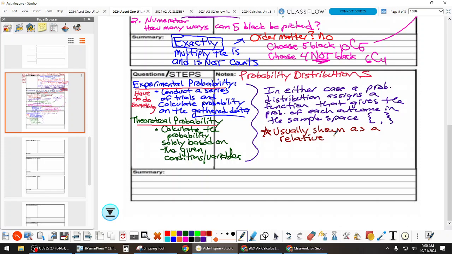It's usually shown as a relative frequency bar graph. Okay? And we could set that up, briefly show it as this. That says outcomes. Let me write that better.